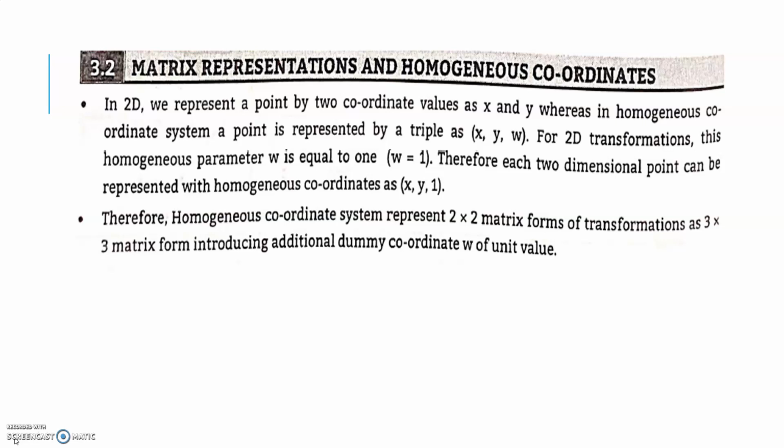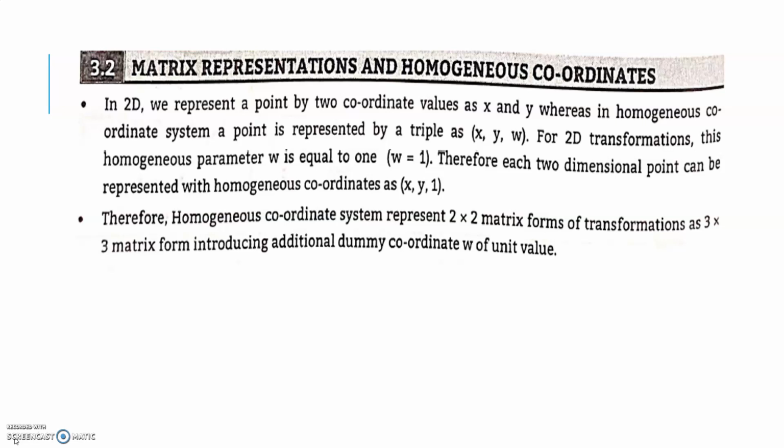In two-dimensional transformation, we represent a point by two coordinate values as x and y, whereas in the homogeneous coordinate system, a point is represented by a triple as x, y and w.